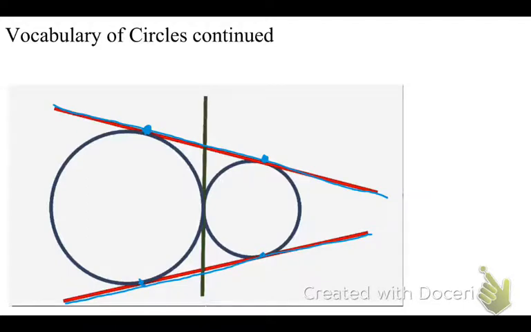And then this guy, the middle line, is also a tangent. Even though it doesn't look like it, it touches both circles right at that same point. So these are called common tangents.